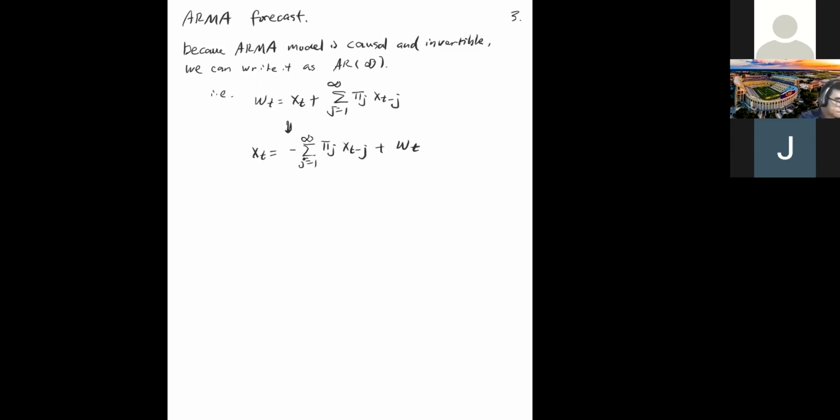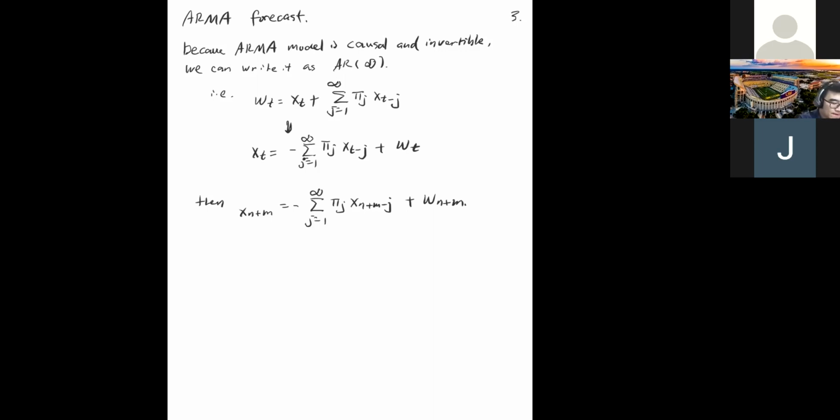Okay. Then we can do the forecasting. So x_{n+m} is now equal to negative the sum from j equal to 1 to infinity of pi_j x_{n+m-j} plus w_{n+m}. All I do here is replace t by n plus m, because we want to do some forecast.